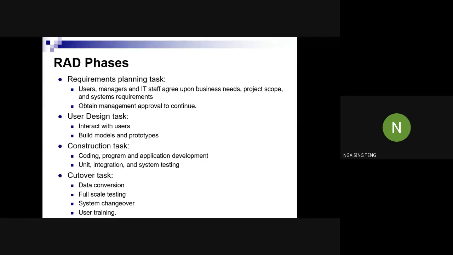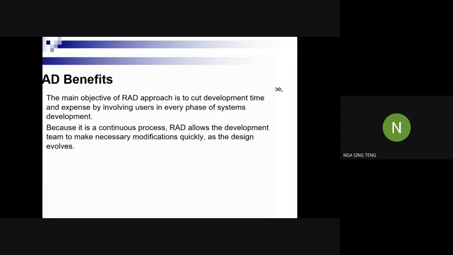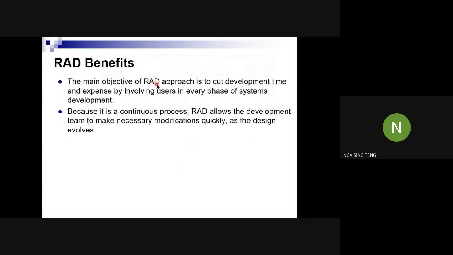Then they come up with a prototype already, almost a final product already. So the main objective of this RAD approach is to cut development time and expenses by involving users in every phase of system development. You can see the users' involvement in the phases in this RAD development.